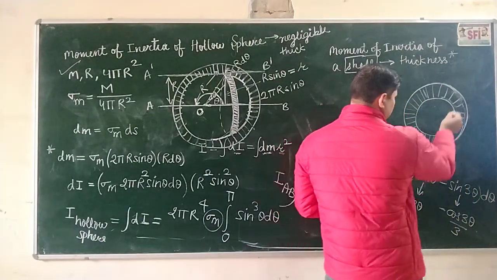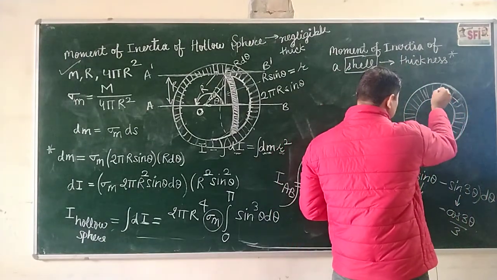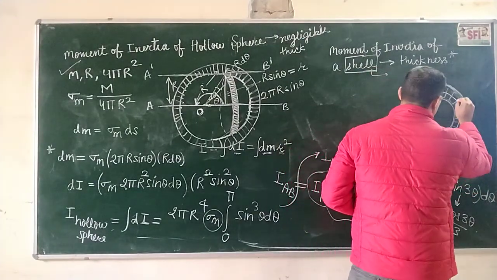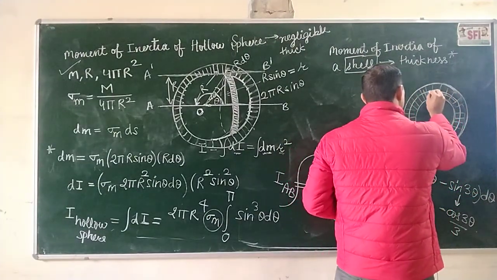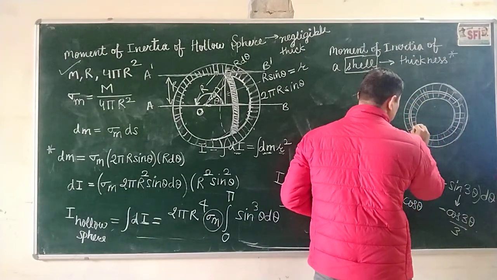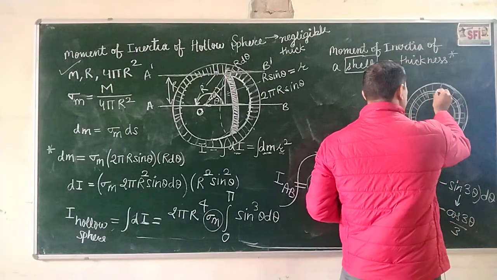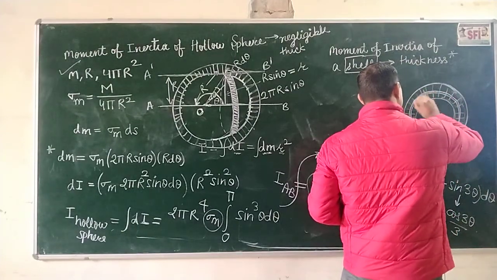To find the moment of inertia, we will divide this shell into hollow spheres. You see here, this is a hollow sphere.